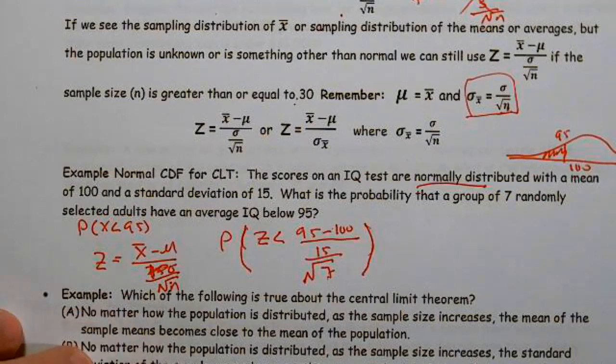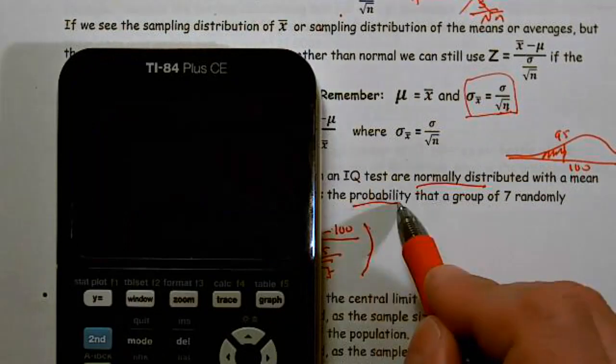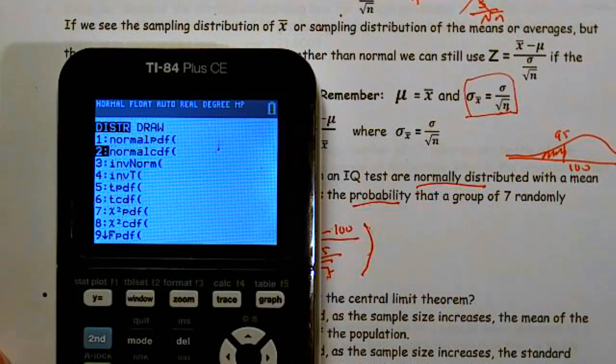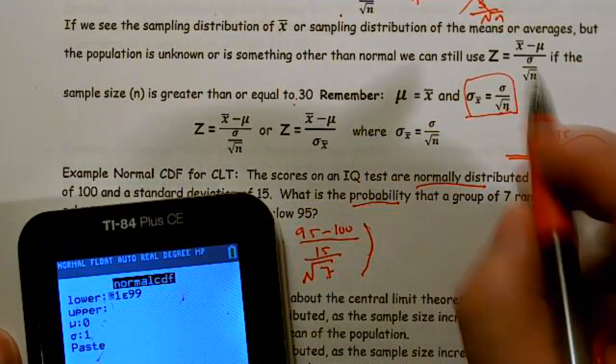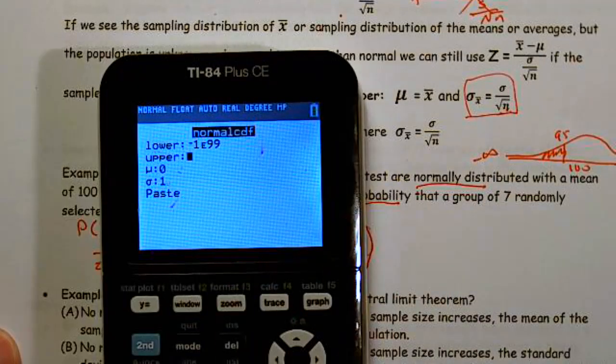Now, there's a couple ways to go about this. I'm going to use the norm CDF. And they ask for the probability, so a norm CDF works. So second vars, norm CDF. And lower bound is negative infinity. Upper bound, 95. Mean of 100. Now here's where you have to be careful.